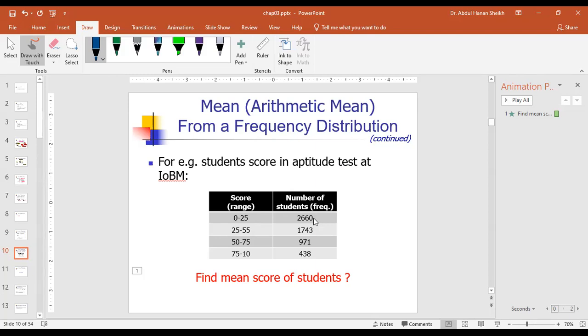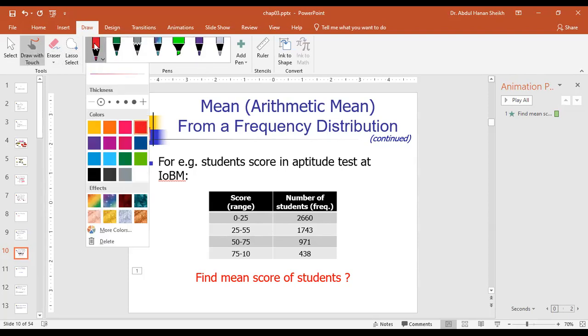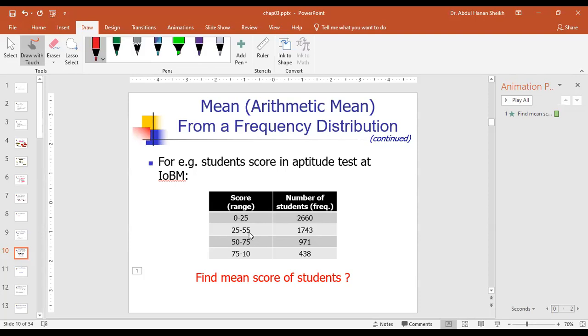But this is called group data, or data given in a frequency distribution, because this number is just the frequency of students who have a score between 0 and 25. This number of students have a score between 25 and 50. Sorry, 50, this is just a typo. Okay?